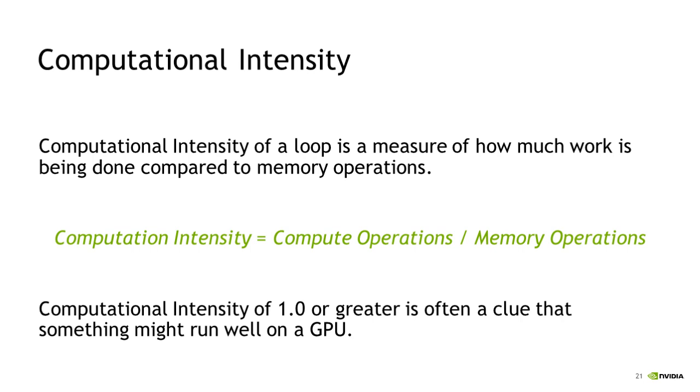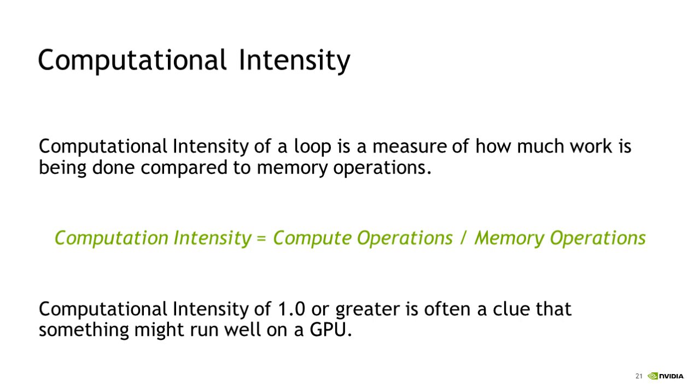I need to load B, that's another. I need to store C, that's another. But I have one addition operation. So that's how computational intensity works: compute operations, add, multiply, subtract, divide, over memory operations, loads and stores.